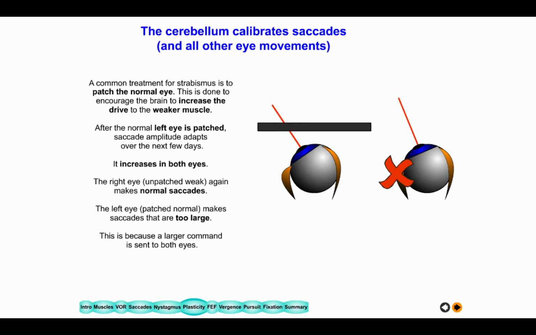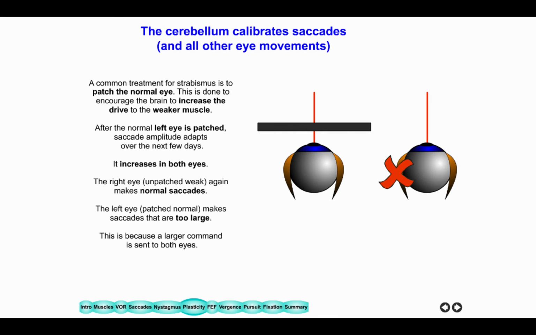Well, what's often done in this case is the clinician comes, and to one's surprise, he or she will patch the good eye. Put on glasses or a patch, and the patch will impair the vision to the good eye.